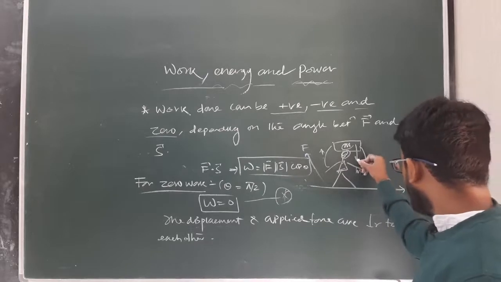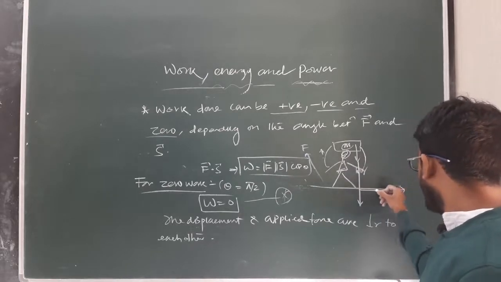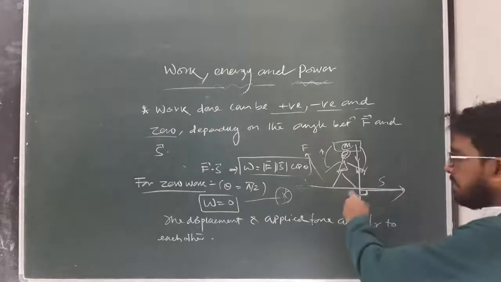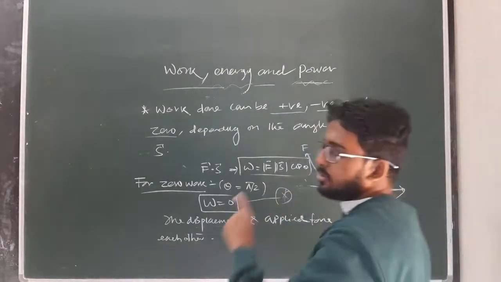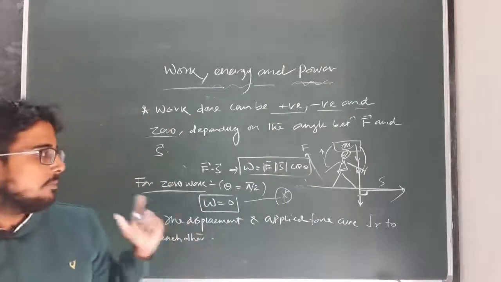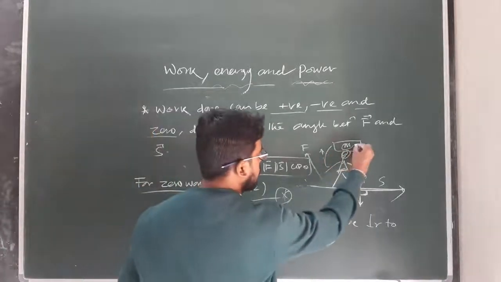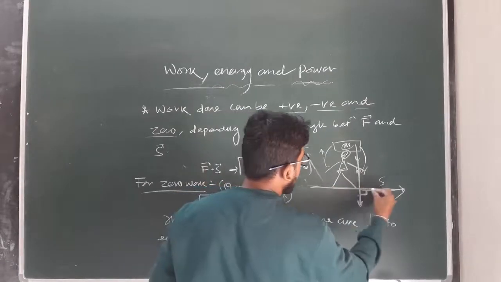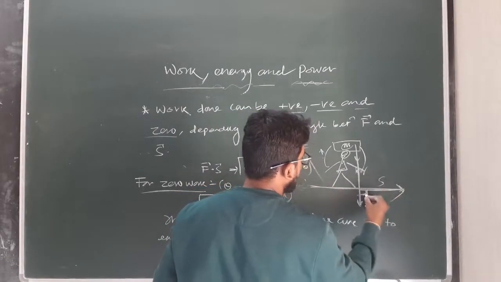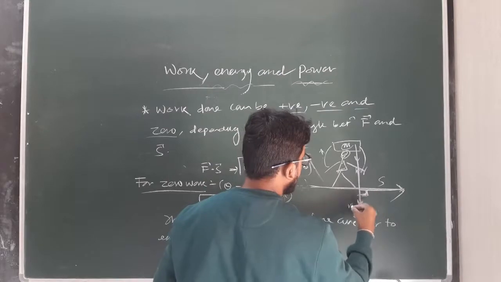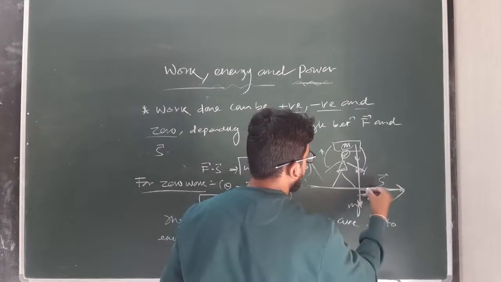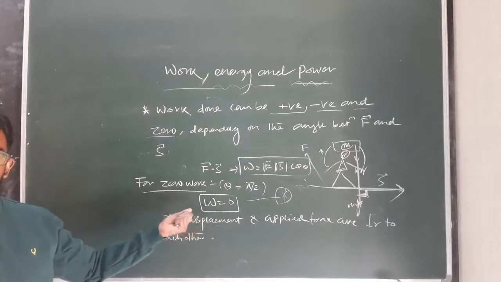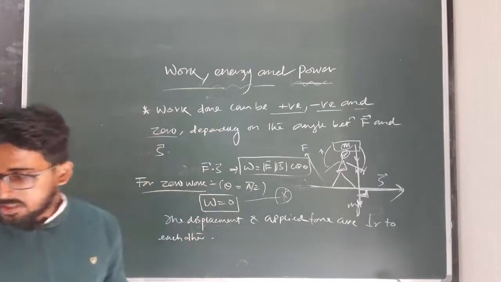So the angle between the weight and the displacement of the porter is 90. So according to physics, the porter is doing 0 work because the weight of the luggage is acting vertically downward and the porter is walking along the horizontal platform. So here the angle between weight mg and displacement s of the porter is 90. So work done will be 0 according to physics. Clear? Okay, so this is one example.